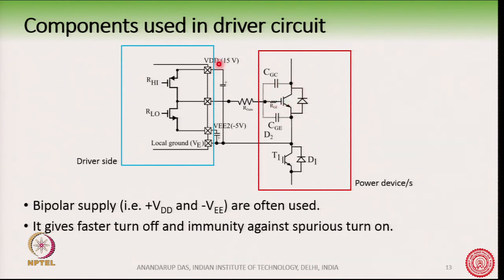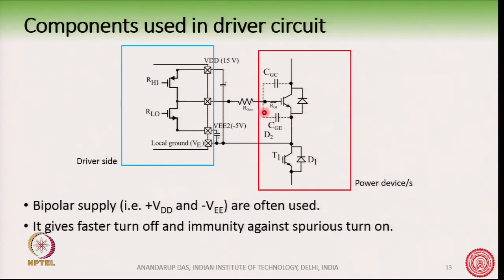Basically, we are charging this up through this RC. When we want to turn off the device, we will discharge the capacitor. The discharging happens like this, through this capacitor and through this resistor, and like this the circuit gets completed.